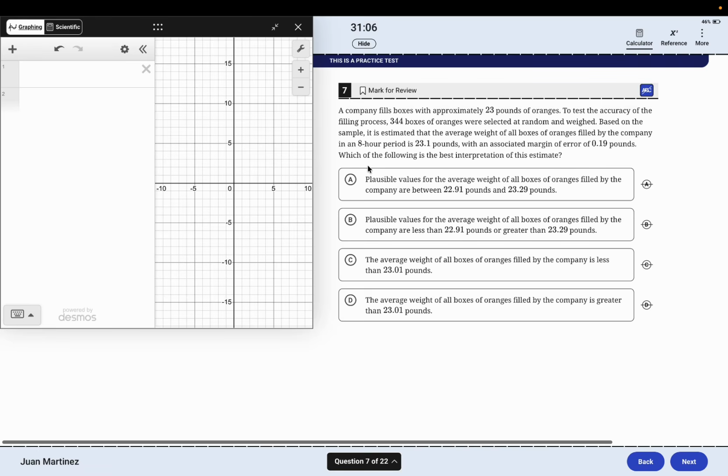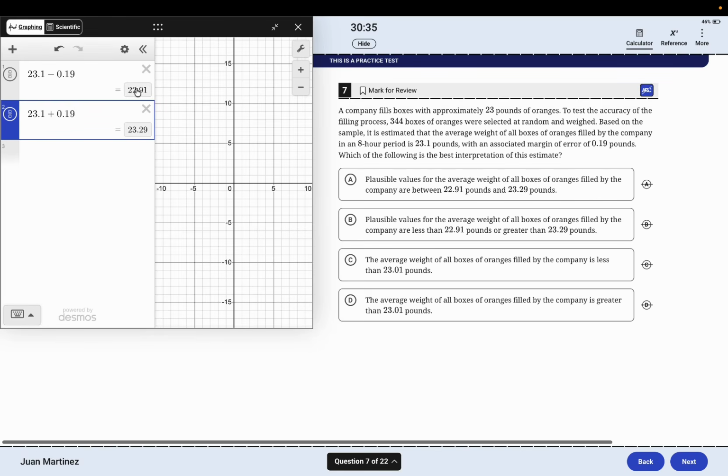The error could be greater than or less than this number, right? So we could say 23.1 minus 0.19, if I could write correctly. And 23.1 plus 0.19. And so the average isn't fully accurate.